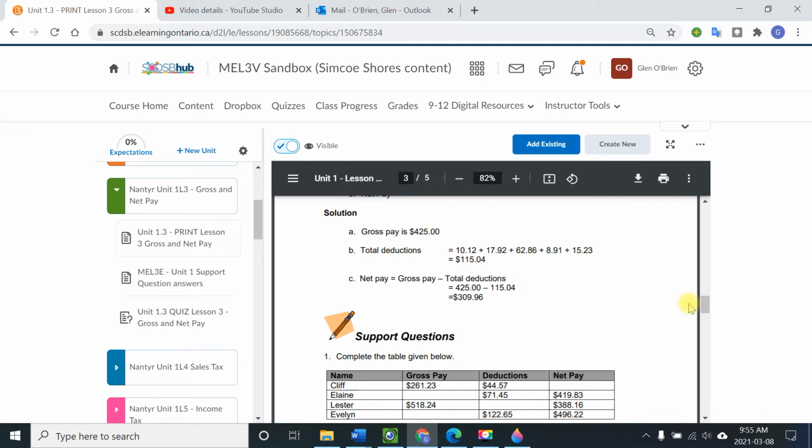You guys can hear me drawing in the background here. And you guys can make your own table up here, but we have gross, deductions, and net. And Cliff had $261.23 gross, $44.57 deductions, and then we have to find the net pay.